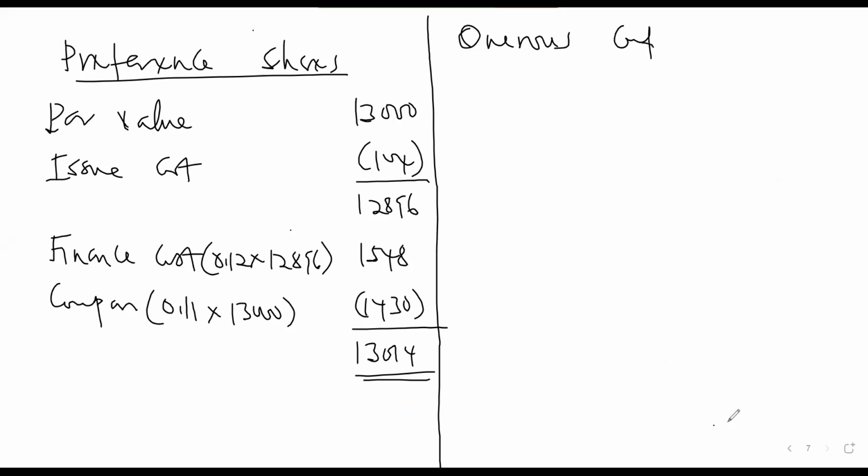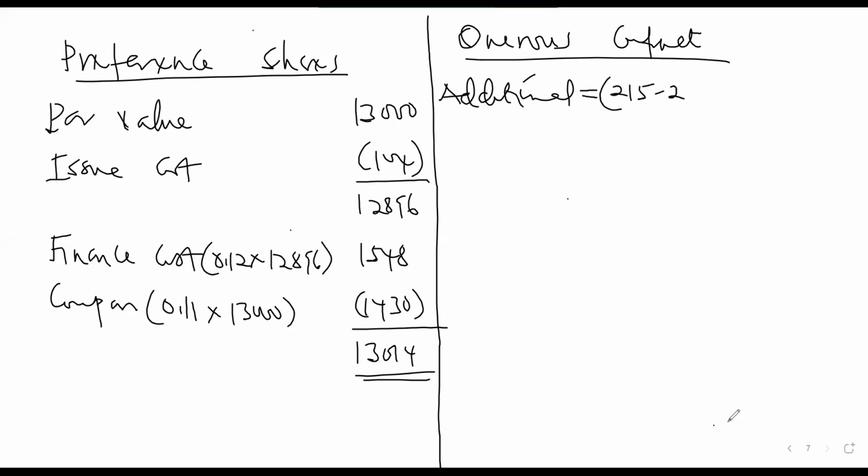Okay, let me put onerous contract here. Let me look at the additional cost of fulfilling the contract. It's a provision that we want to make, so the cost will be estimated on the total units that you will be producing. You are incurring a cost of 215 and receiving 200, so you are incurring 15. This 15 will be multiplied by the units that you'll be supplying over the remaining 8 months. That will give you 360,000.